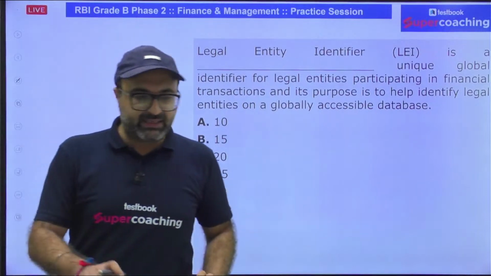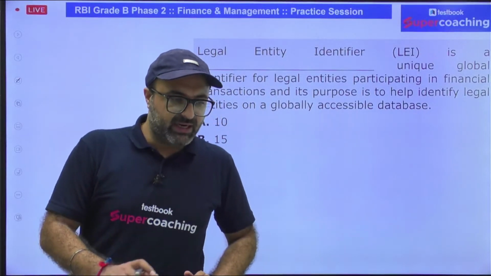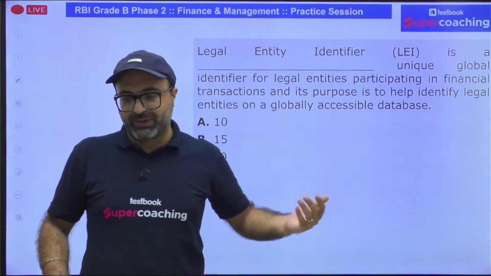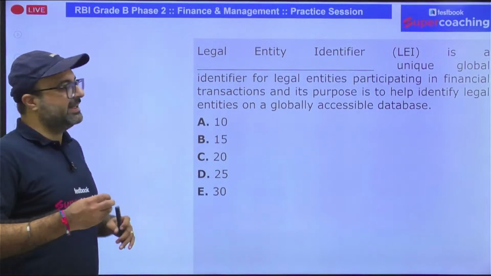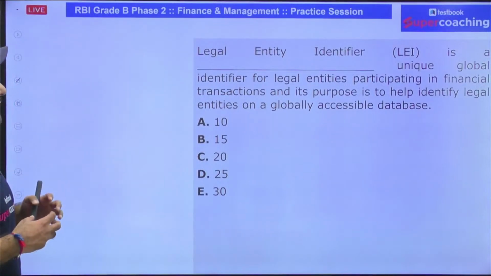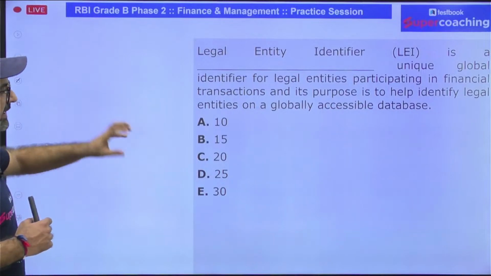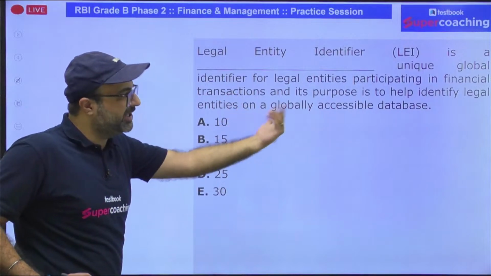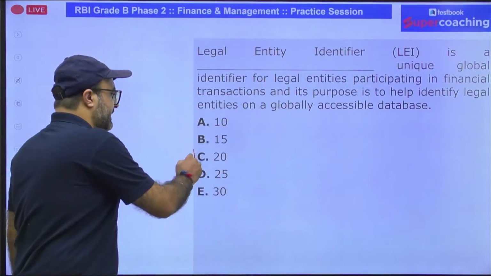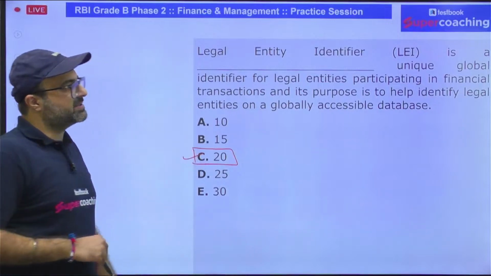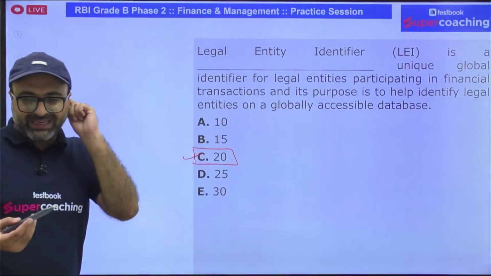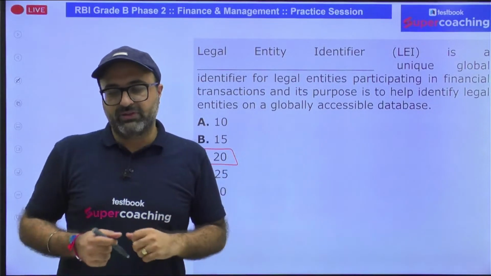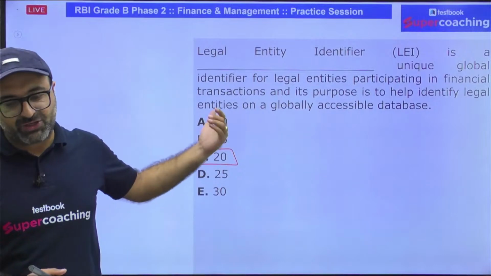So legal entity identifier is basically a unique global identifier of how many digits, which basically provides a legal entity to an organization while making a financial transaction on the global level. So this legal entity identifier is of how many digits? It is a unique code of 20 digits, which basically identifies the parties in a financial transaction.